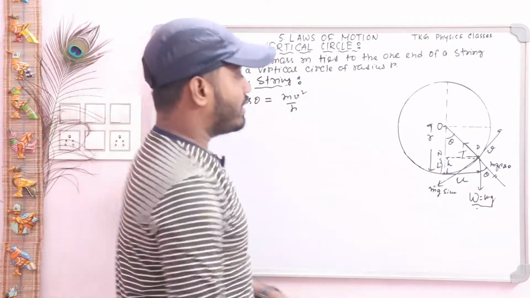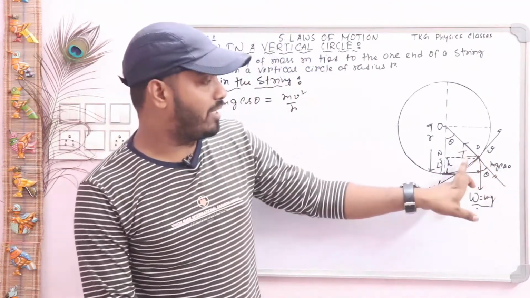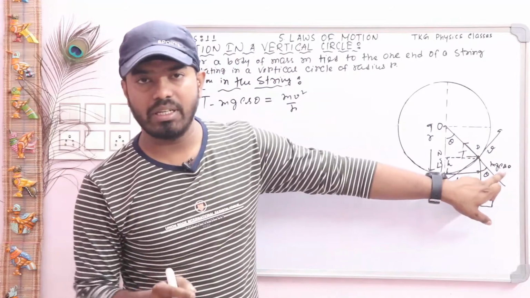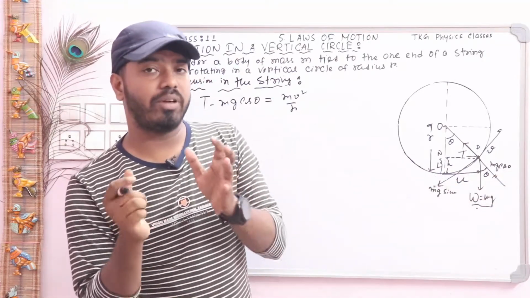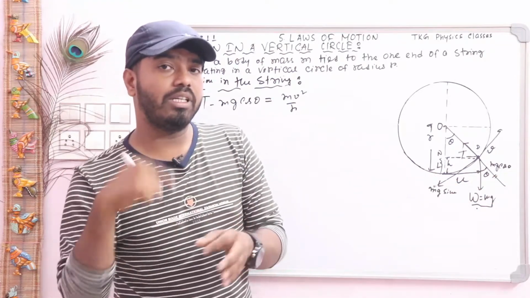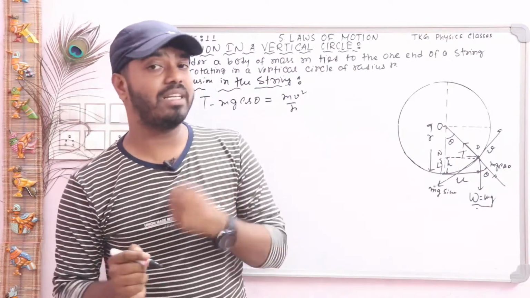You know, the inward direction force, that is T minus mg cos theta. The inward direction force for a particle which helps the body in moving in circular motion is known as the centripetal force.